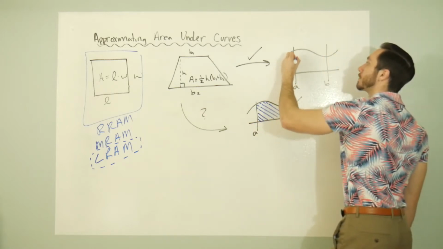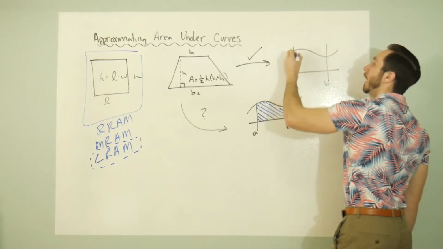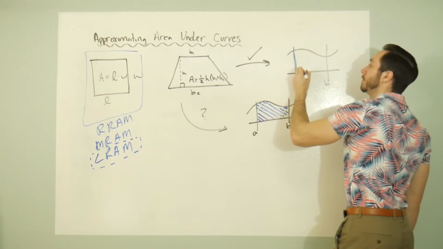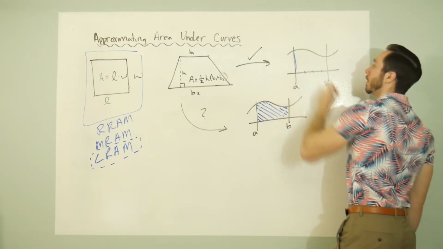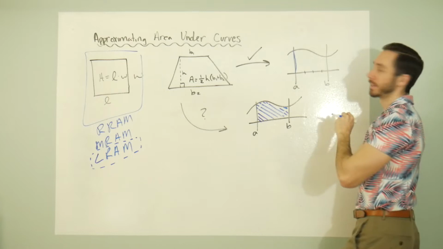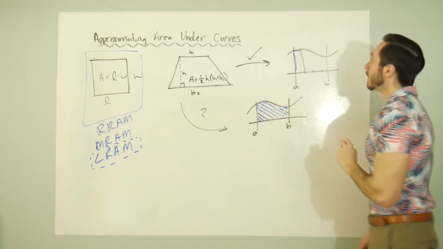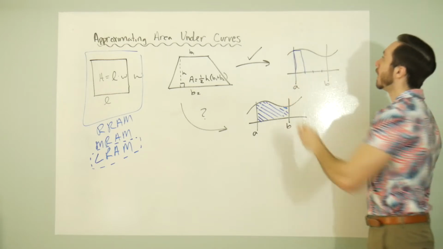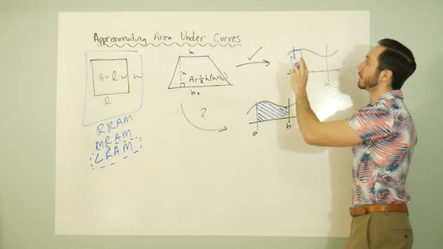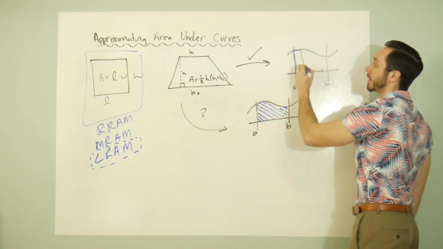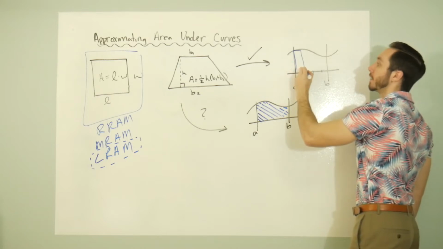So I want to draw these rectangles, and maybe I want to draw 4 rectangles, such that the left endpoint is always on the curve. You'll note right off the bat, I don't know if the camera will pick up on it, but there's a small sliver right there that I don't actually find the area of.